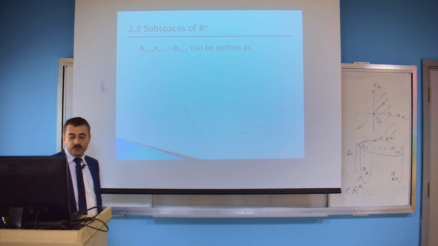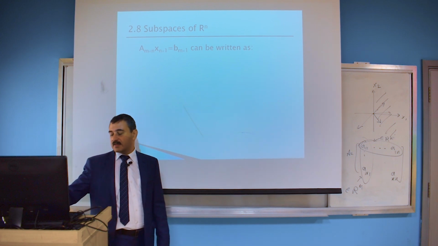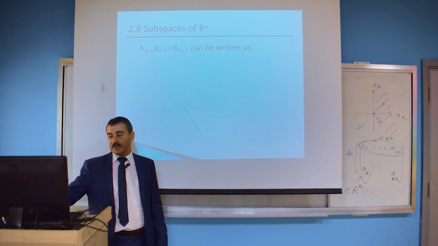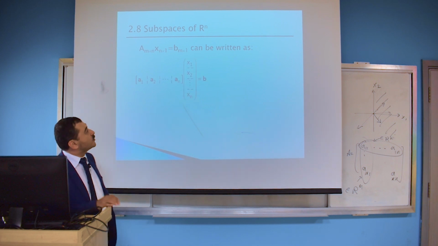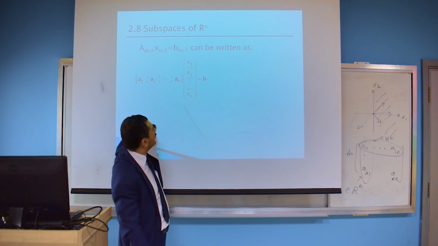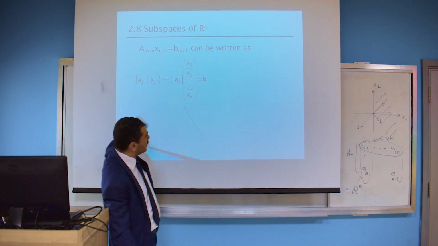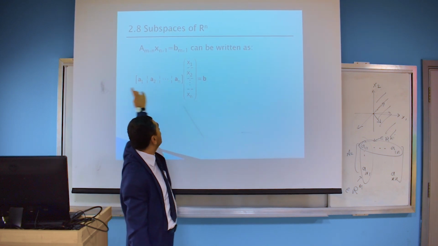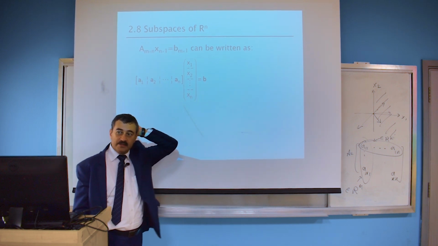If you remember, when you solve the system of equations Ax = b, we said that you can write it in terms of the columns of A and the components of x, and that b can be written as a linear combination of the columns of A if you find a solution.